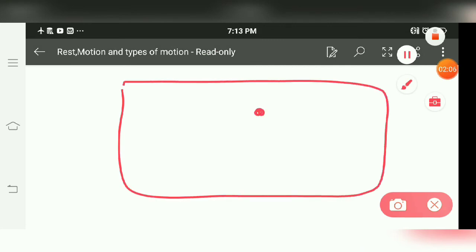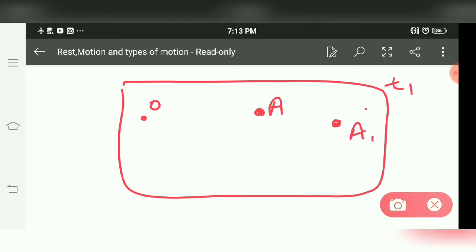But suppose initially the position of A is this with respect to the reference point, and after some time t1, its position is here, let it be A1. Now at time interval t2, its position is this, A2. Now at interval t3, its position is A3.